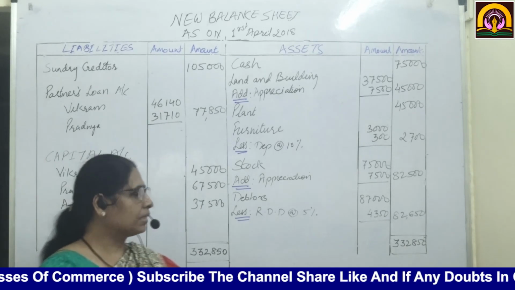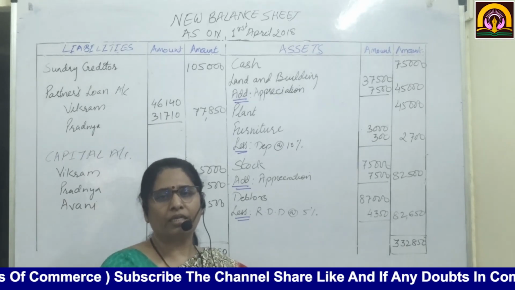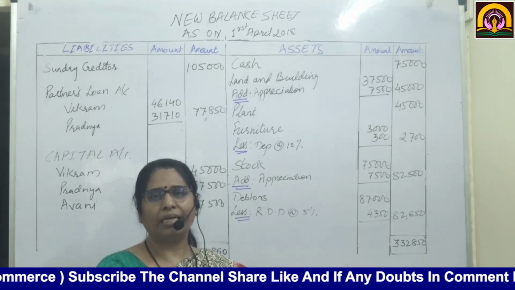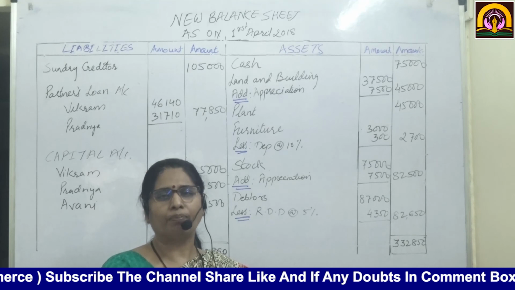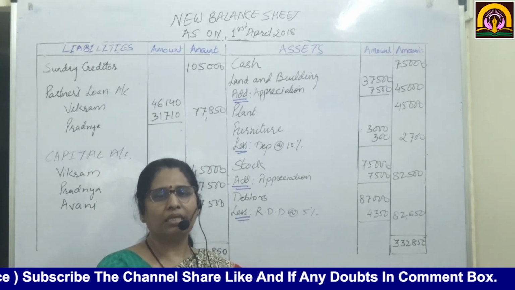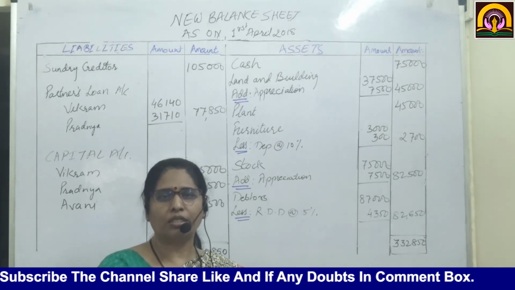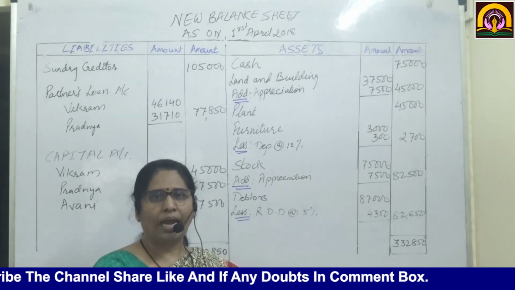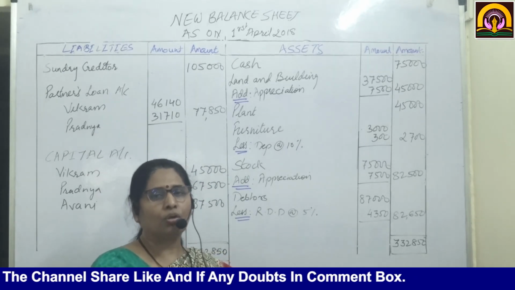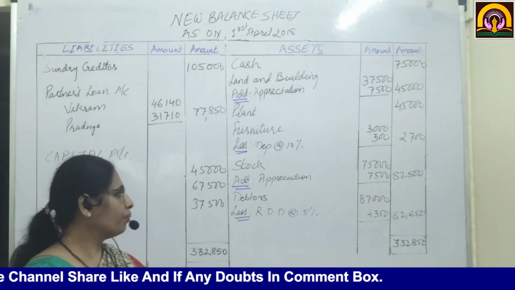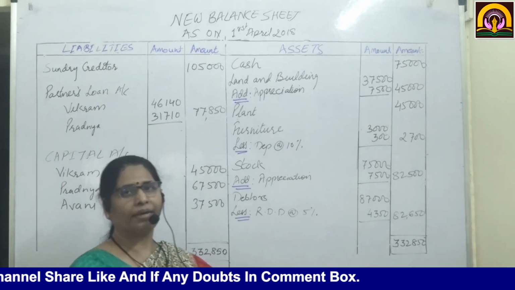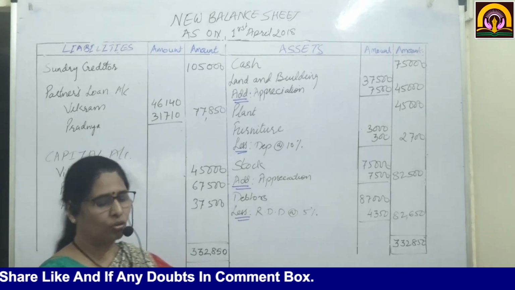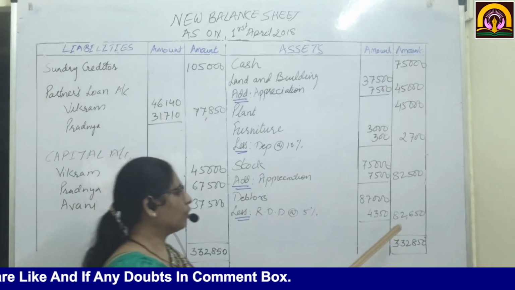And debtors, the value of debtors was how much? 87,000. Less RDD is to be maintained at 5%. We have done this adjustment in the profit and loss adjustment account also on the debit side, to RDD at the rate of 5%. So we will minus this 4,350 from 87,000.